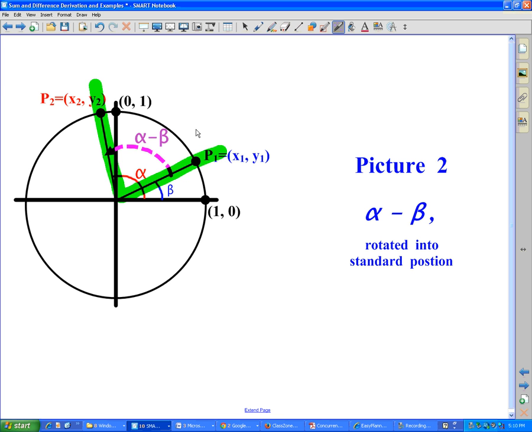And so what we want to do is make a little shift. Now, I'm going to tell you ahead of time that this shift is going to lead to something fairly ugly, something, in fact, that you might even describe as hideous. So let's take a look at picture 2, alpha minus beta rotated into standard position, and just see how bad it is.